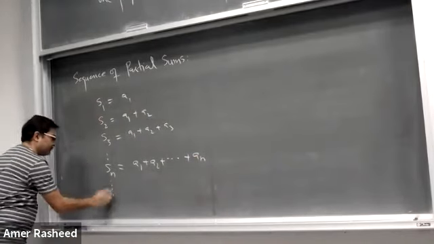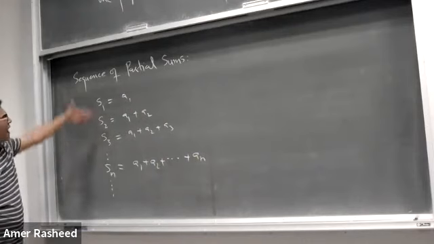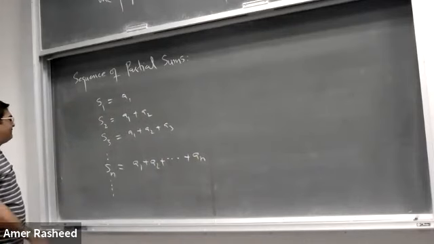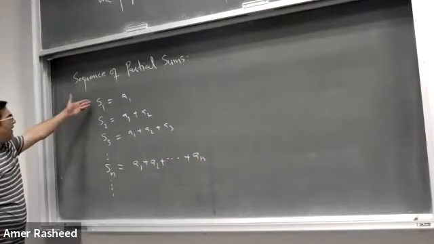This is how we construct a sequence of sums of the terms of an infinite series. In short, it can be written as the sum of ak from k equals 1 to n. If we open up this summation notation, we get this.